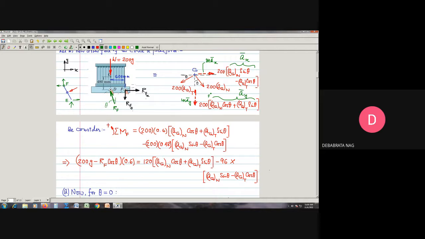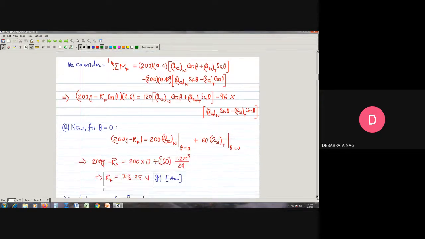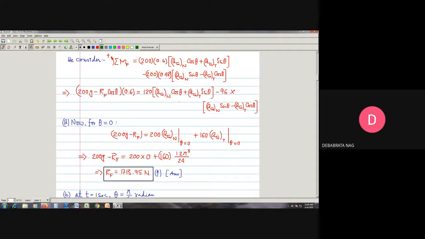Our first case corresponds to theta equal to 0. So in the above equation, we put theta equal to 0, and you see many terms will not survive. From here we get the value of RF, which comes out to be 1713.95 Newton, and it should be vertical.